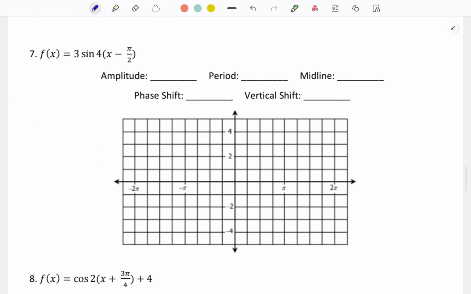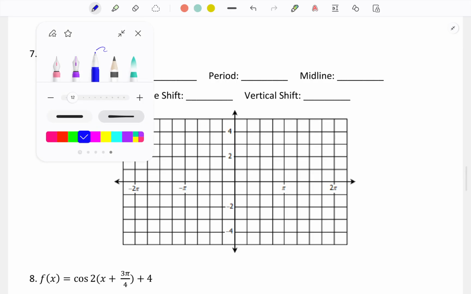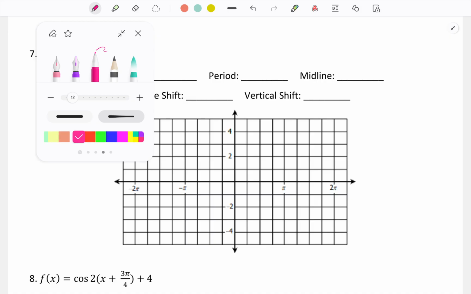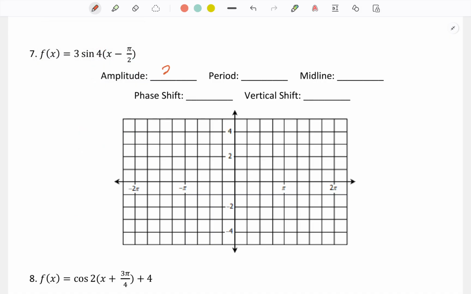All right, so let's look at number 7 here. We're trucking right along today. So we have 3 sine 4 times x minus pi over 2. So our amplitude here is 3. And then our period, we have 2 pi over 4.